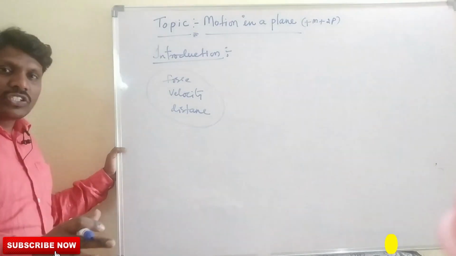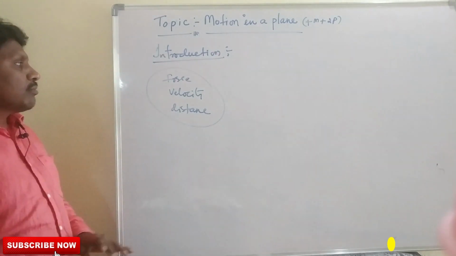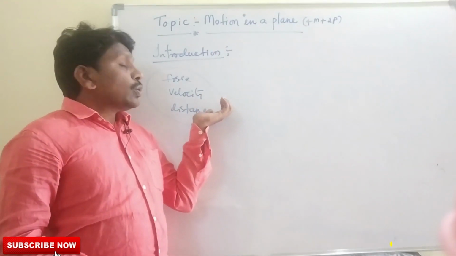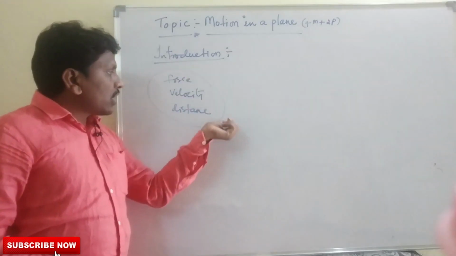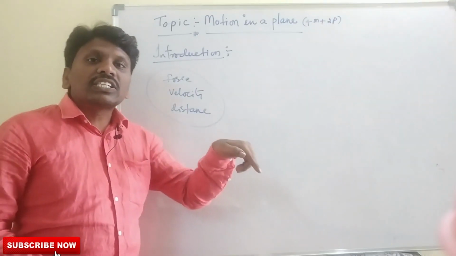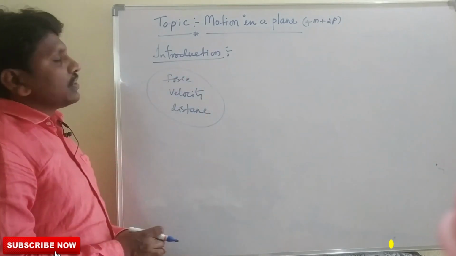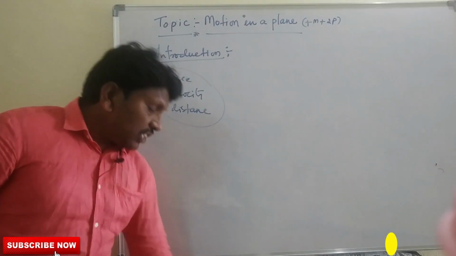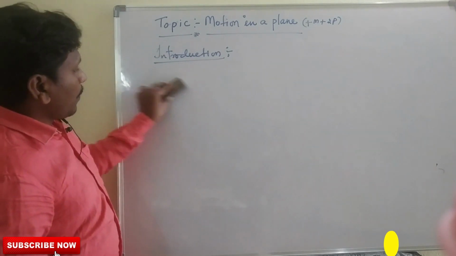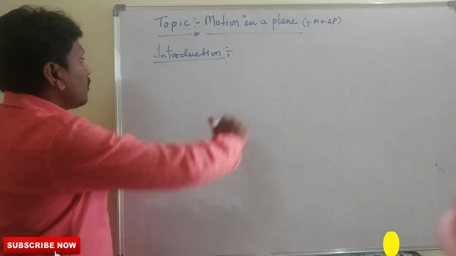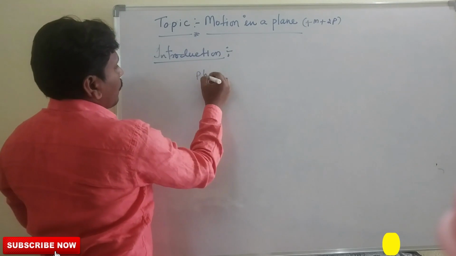What is meant by physical quantity? Physical quantities are quantities which are used in the physics laws. They are called physical quantities, and these physical quantities are of 3 types.